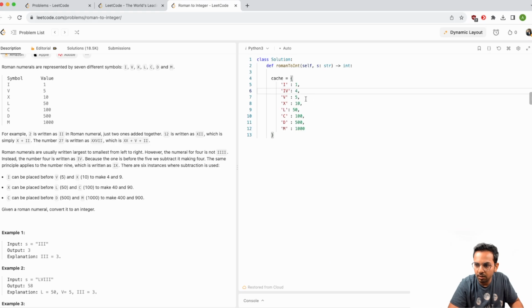What are we going to do with the IX? That's 9, my bad. 40 would be XL. 90 would be XC.